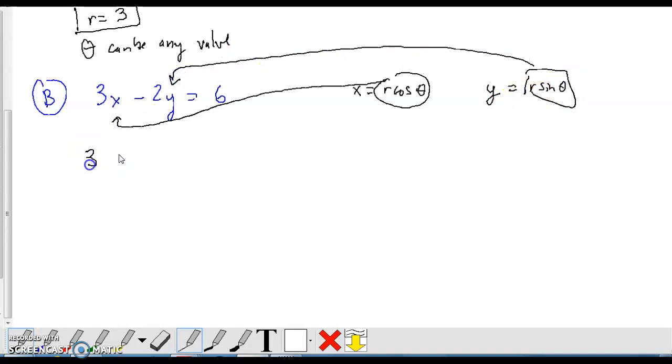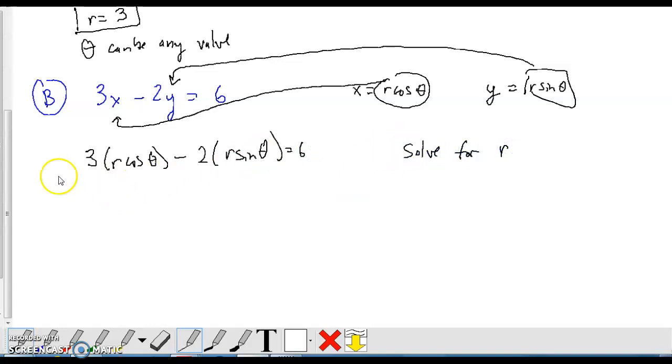So this will be 3 times r cosine of theta minus 2 times r sine of theta is equal to 6. When we're doing polar graphs, we want to solve for r. So let's distribute: 3r cosine of theta minus 2r sine of theta is equal to 6.